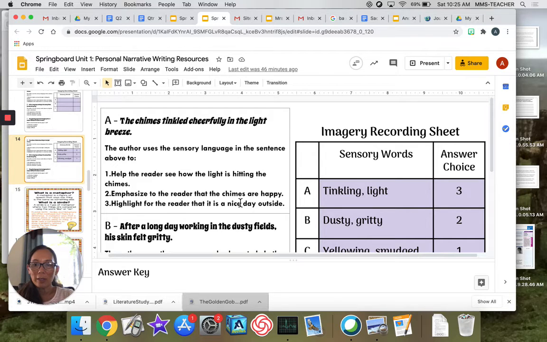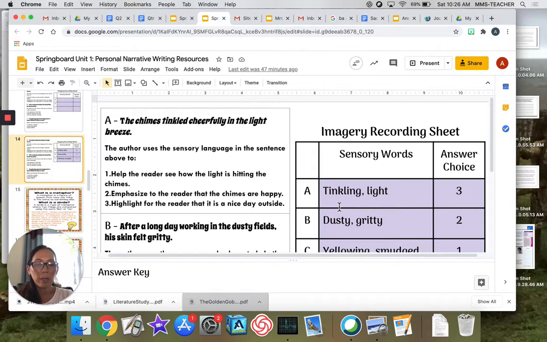The question is asking, the author uses the sensory language in the sentence above to, one, help the reader see how the light is hitting the chimes? Or two, emphasize to the reader that the chimes are happy? Or three, highlight for the reader that it is a nice day outside?